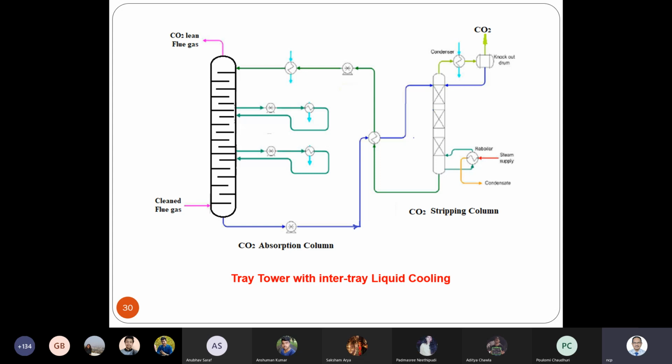But this is not possible in case of packed tower, where in the whole section the contact is continuous. If you want to do this, then again you have to use a special packed tower, as I mentioned before.